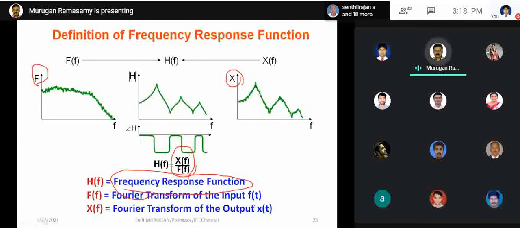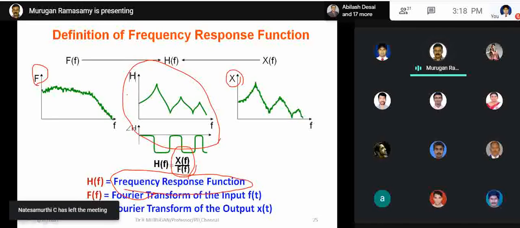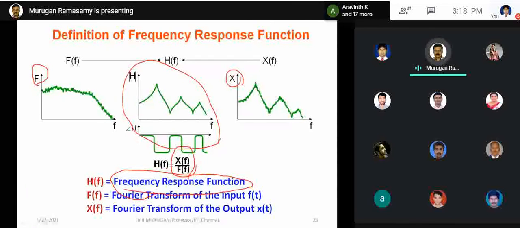So the frequency response function will be the output for any experimental modal analysis. Here H is called the frequency response function. X will be measured in terms of g, where g is nothing but acceleration due to gravity, and F is measured in terms of Newton, which is the force given, right?